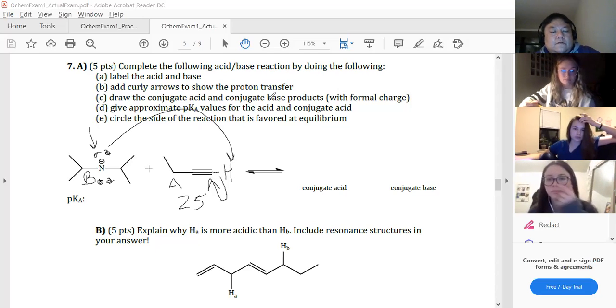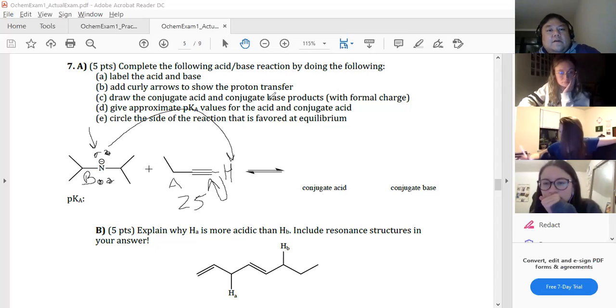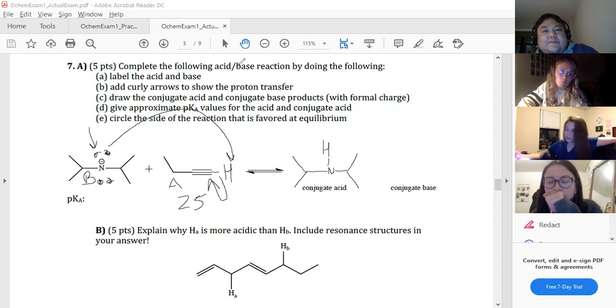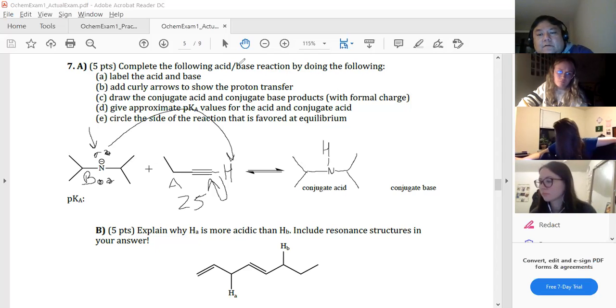Like that. All right, so then the base becomes the conjugate acid. So now all I'm going to do is just draw that, except now that nitrogen has a hydrogen on it. That's the easy way to tell that. Okay. The conjugate base was the acid. So you draw the same thing, except now where the hydrogen was, you put a lone pair.